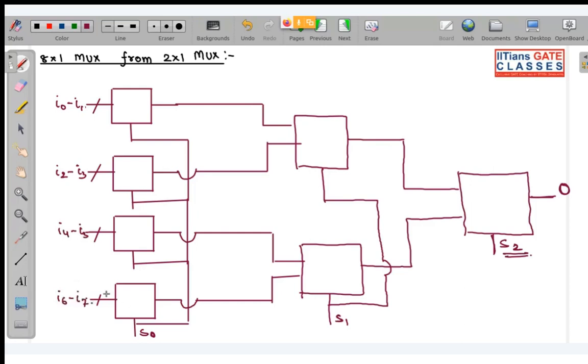Suppose I want to select I5 to output. This corresponds to 101: selection line 2, selection line 1, selection line 0. So selection line 0 is 1. So 1 means all the first lines will be connected to your input.